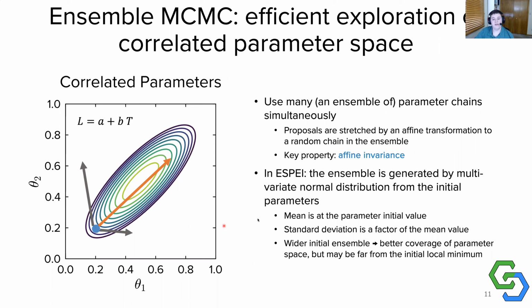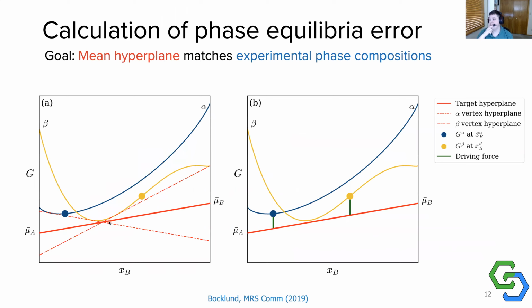So yeah, we use ensemble MCMC to try and combat this correlation and take more efficient samples and not waste time selecting from a low probability space. And so the last thing I want to touch on before we switch gears on the theory side is the likelihood functions.